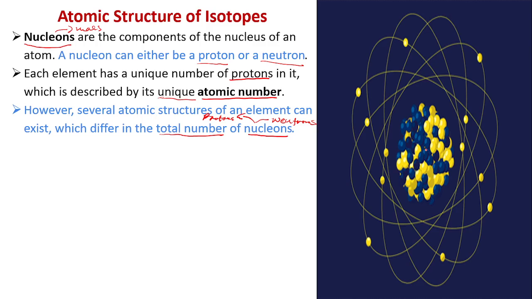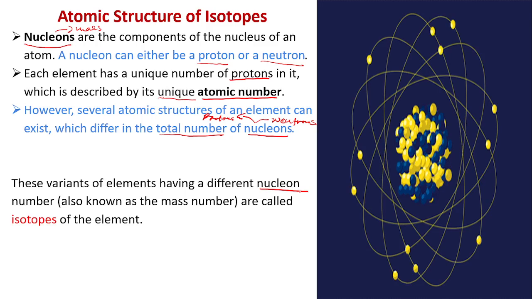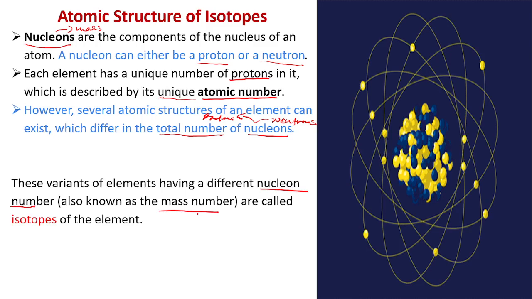This variety of elements, whereby there is a difference in the nucleon number, which is also known as the mass number, are what are called isotopes. Isotopes are only different in terms of mass number and neutron number.